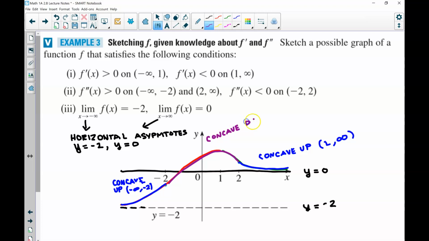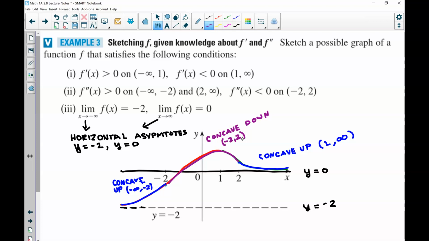So again, it's important to understand each one of these definitions so you're able to draw and sketch this possible graph. So always first, we draw the horizontal asymptote, which is y equals -2.